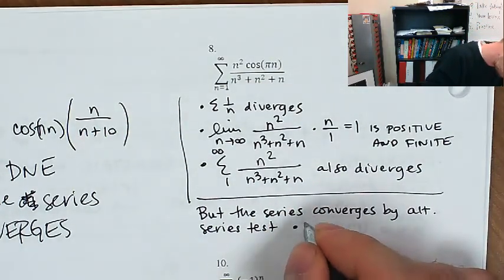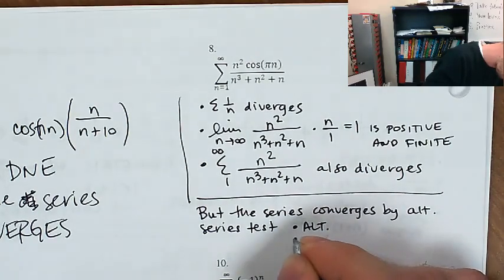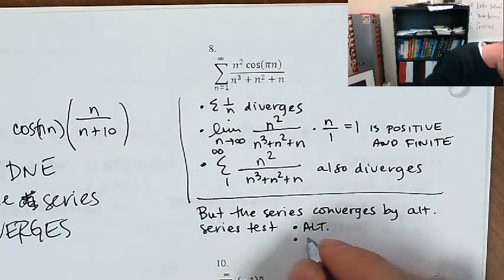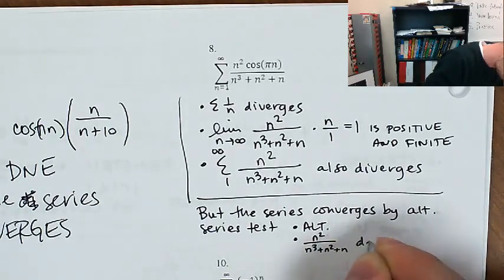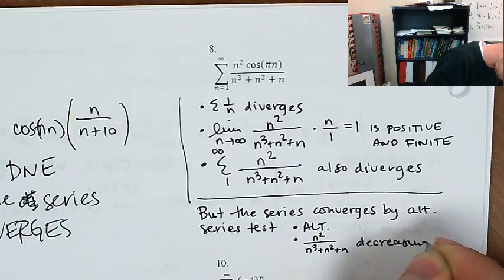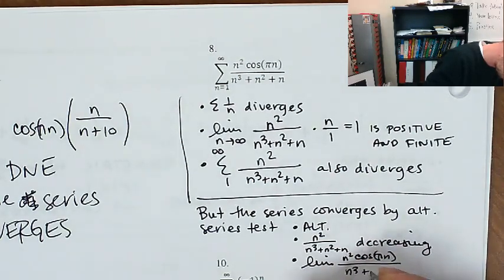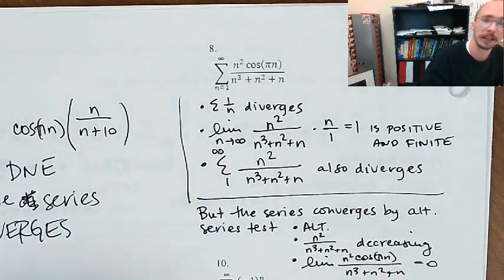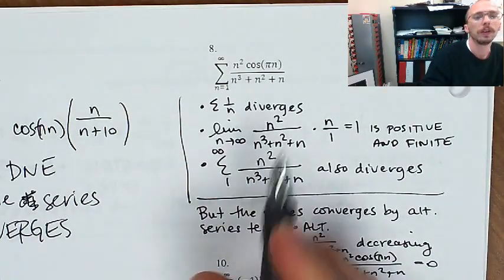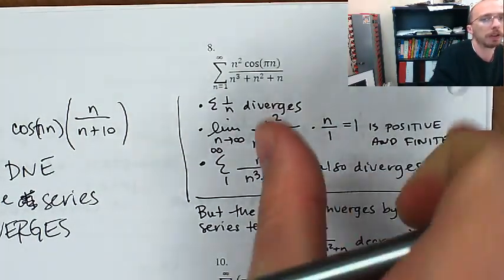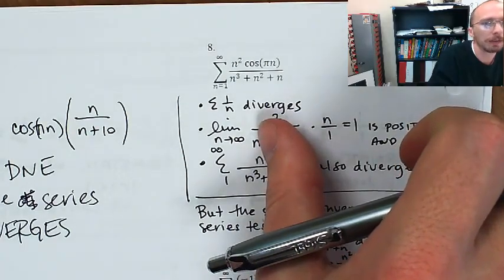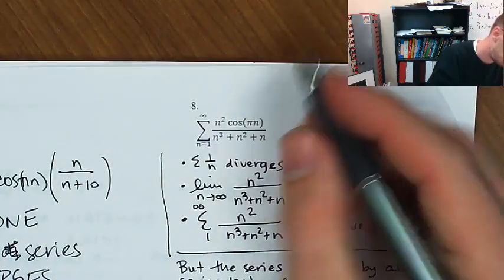They're alternating, they're decreasing, so n squared over n to the 3 plus n to the 2 plus n is decreasing, and their limit is 0, so the limit of cosine pi n multiplied by n to the 2 divided by n. That limit is equal to 0. So since it converges, but if I took the alternating part out, it would not converge, that's conditionally convergent.